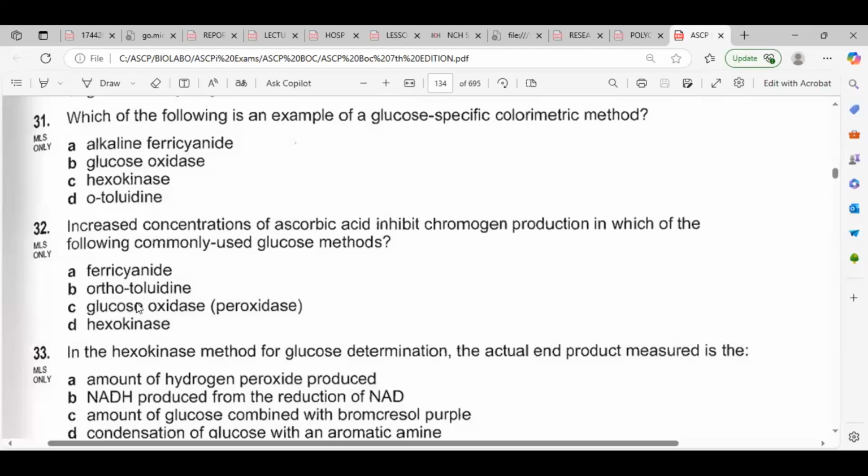That is why ascorbic acid is a very bad inhibitor or interference in the glucose oxidase method. So we can say that ascorbic acid competes and acts as a reducer. It reduces the activity of hydrogen peroxide and the peroxidase, of course.